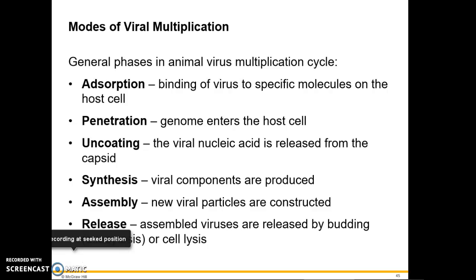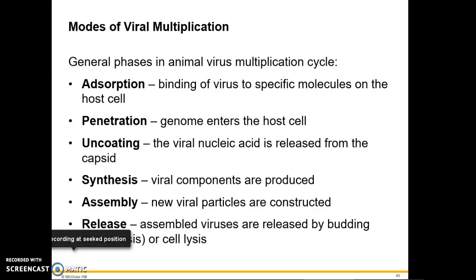So the general phases in animal virus multiplication include adsorption, which is just when the virus binds to the host cell, penetration, which is when the genome is injected into the host cell or when the genome enters the host cell, uncoating, which is when the viral nucleic acid is released from the protein capsid, and synthesis, which is when viral components are produced.